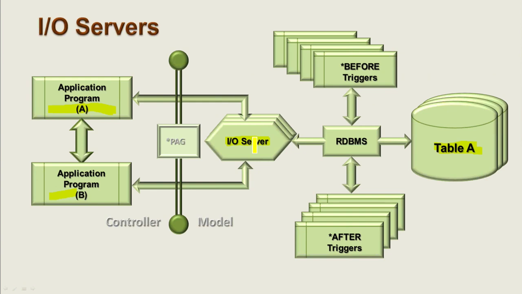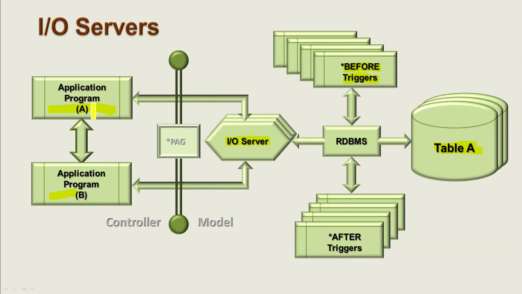When the I/O server adds the customer number into that record, inserts the record into the table and returns control to the application program, the customer number is available to the application program because they are sharing the record structure. If you do that function in the before trigger, which you can do, you can add one to a data area which contains the last customer number used, and you can put it into the record and it will write it to the file. But that record is not then available to the application program.